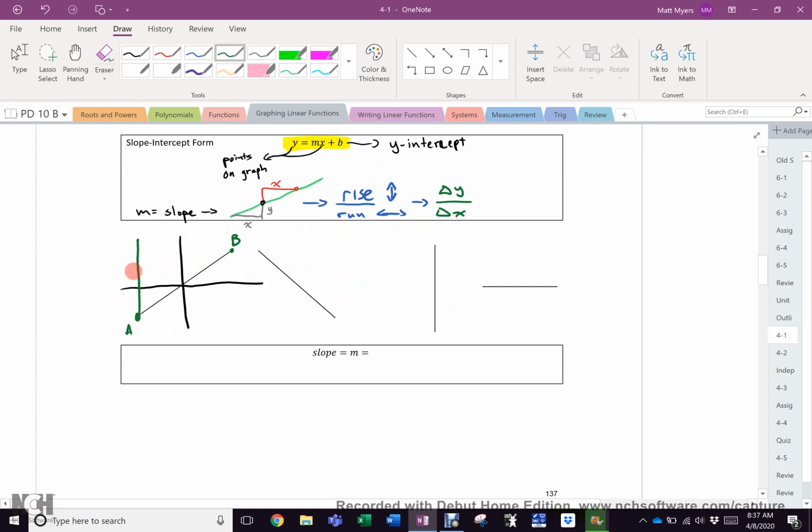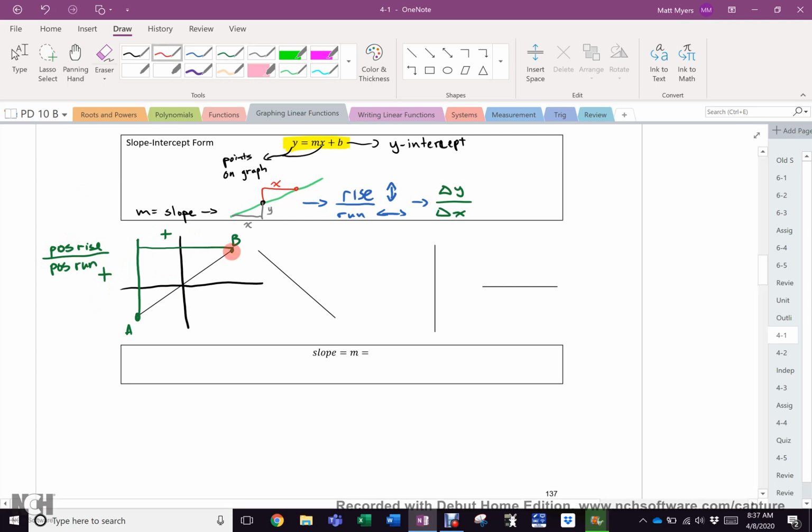If I'm going from down here to up here on a graph, that's positive. Then if I go this way, that's also positive. So I have a positive rise divided by a positive run. So that means that number is going to be positive.